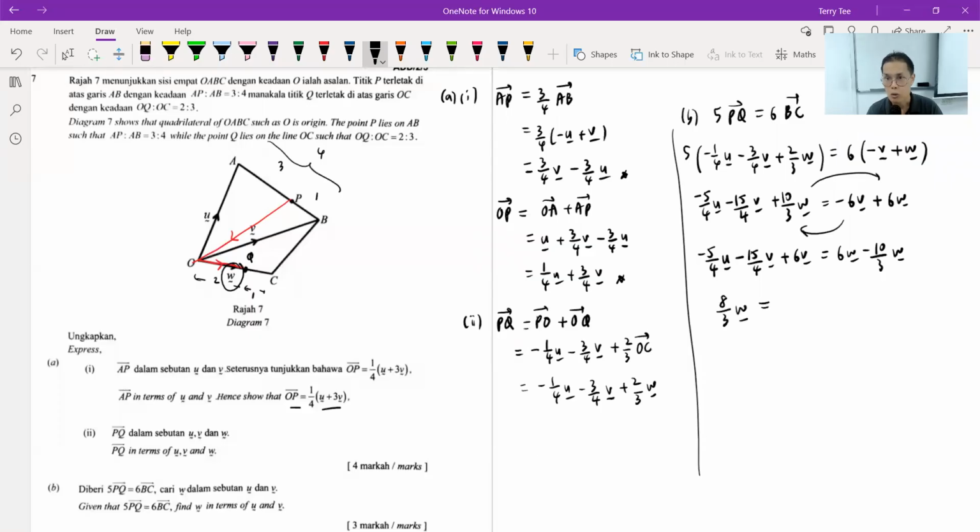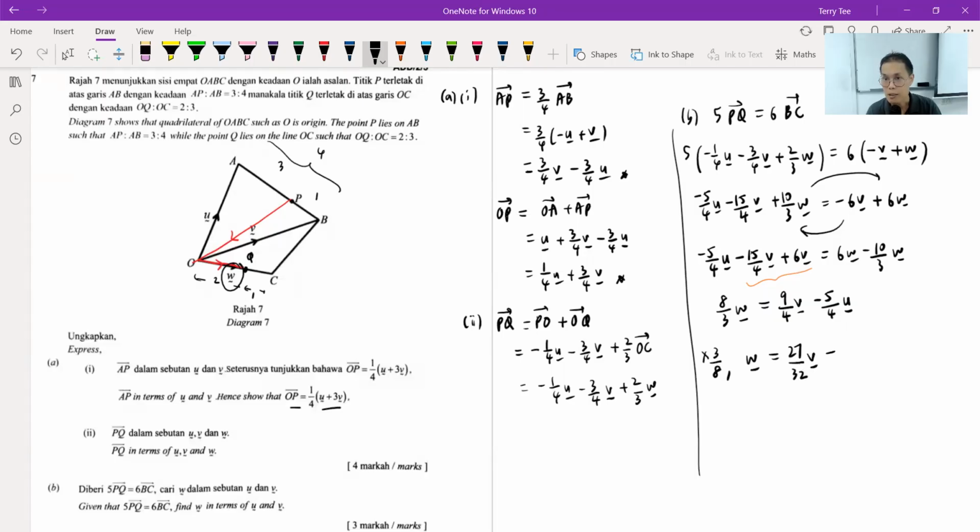I write on the left, whereas these two, you can add them up. 6, let me do 6 times 4, 24. 24 minus 15 is 9 over 4 V, followed by 5 over 4 U. Okay, now it's quite an ugly number, I would say, but doesn't matter. We just multiply everybody by 3 over 8 because we want to find W in terms of V and U. So 9 times 3 is 27, and 4 times 8 is 32.